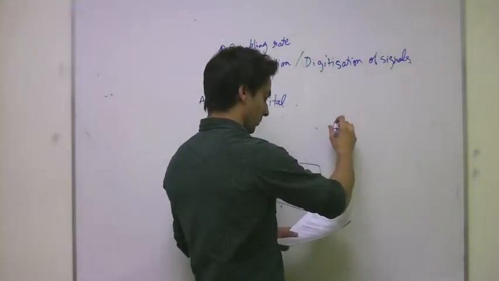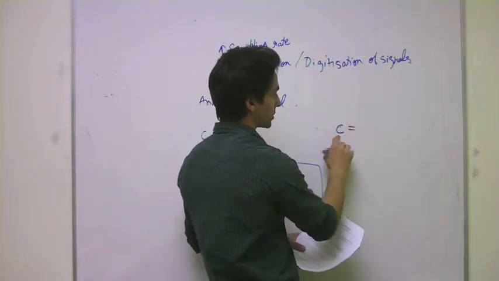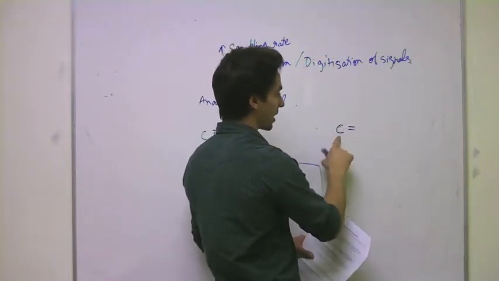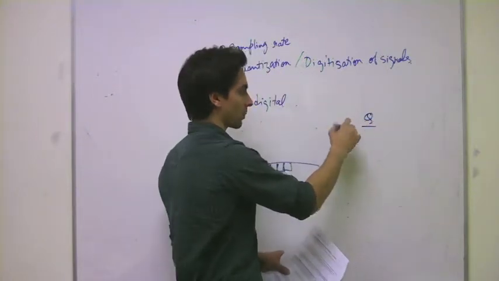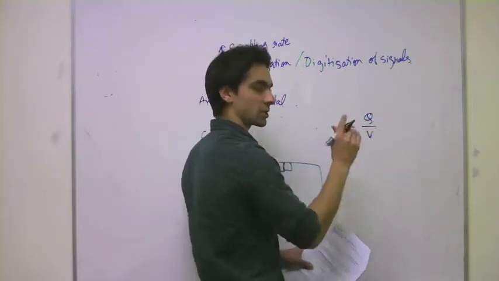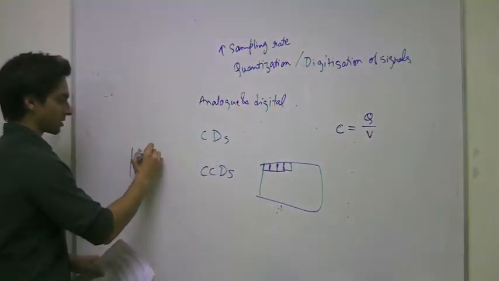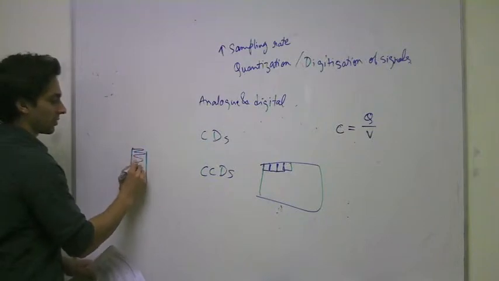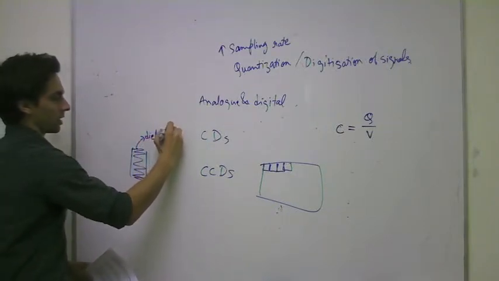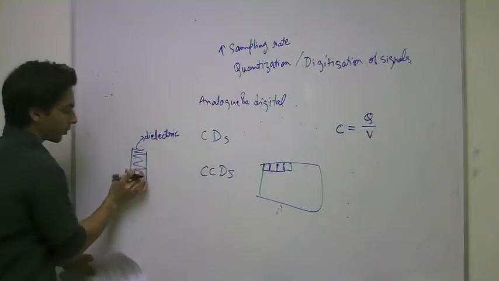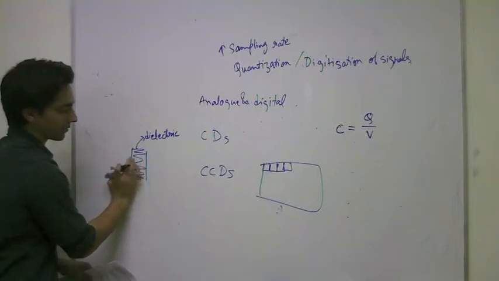This is what defines the capacitance. Capacitance is defined as the amount of stored charge in a capacitor divided by the potential difference developed across it. In essence, a capacitor is simply 2 conducting plates with a material called dielectric in between them, which allows the charges developed on each of these sides to interact with each other.